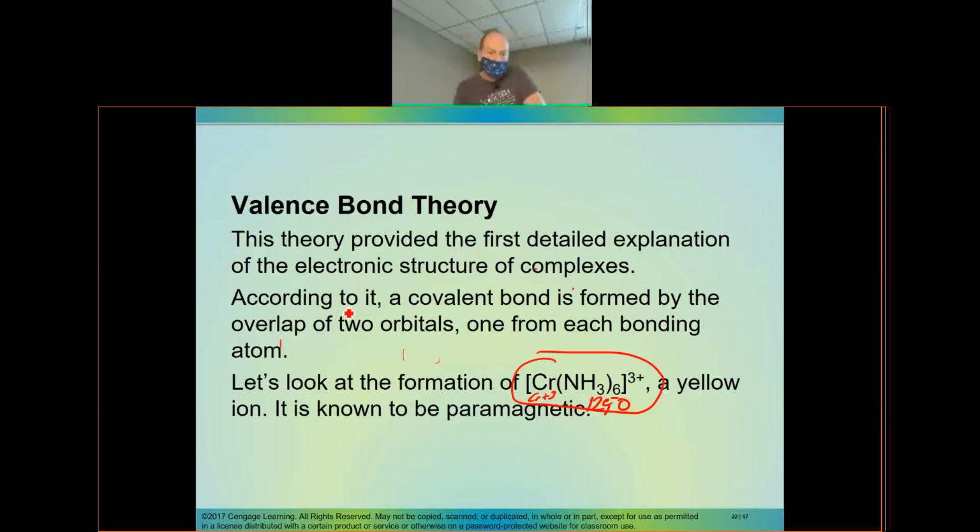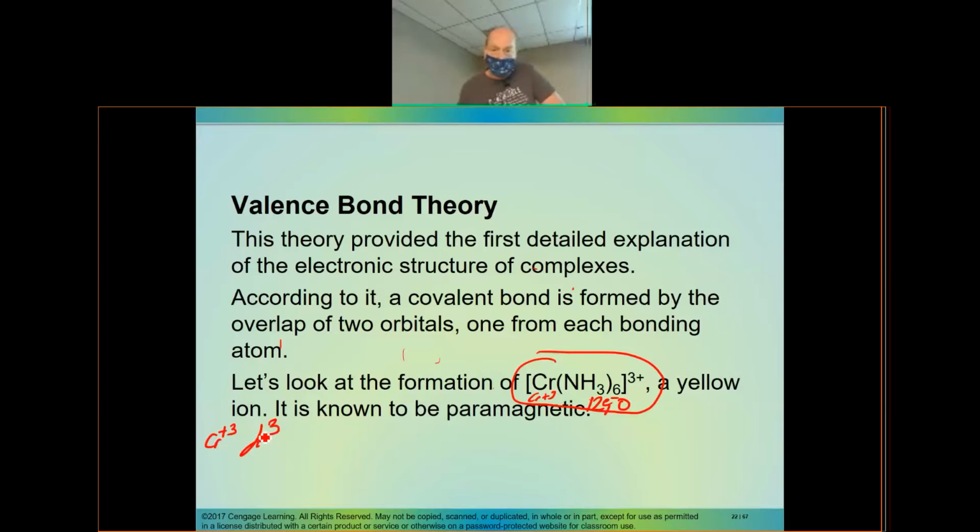For our d electron count, all we have to do is find chromium on our periodic table, which is number 24. Look at the number above it, which is a 6, and know that we're looking at a chromium that is a D3. So chromium plus 3 is D3.